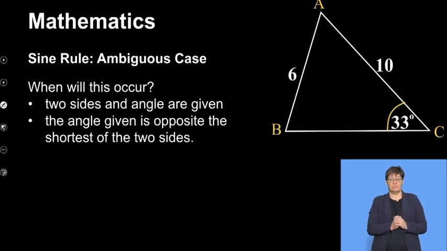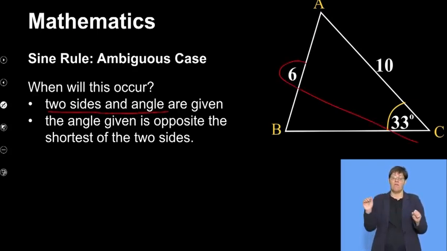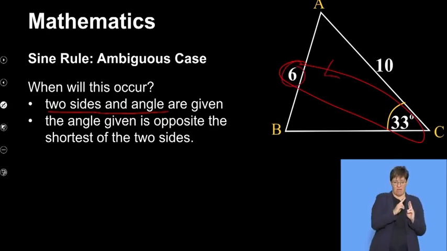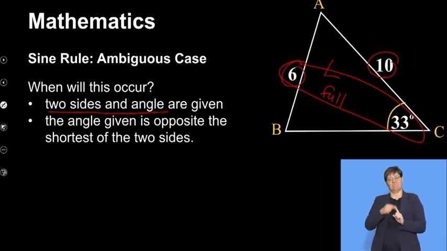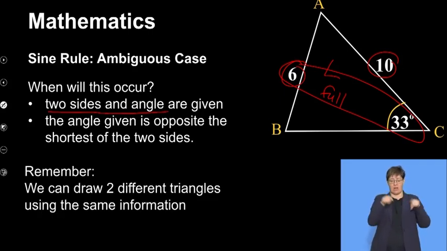This occurs when we have two sides and an angle given, but specifically the full pair that we're given contains the smaller of the two sides. 6 is smaller than 10, and so we will have the ambiguous case. Remember, when we have the ambiguous case, it means we can draw two different triangles with the same information.